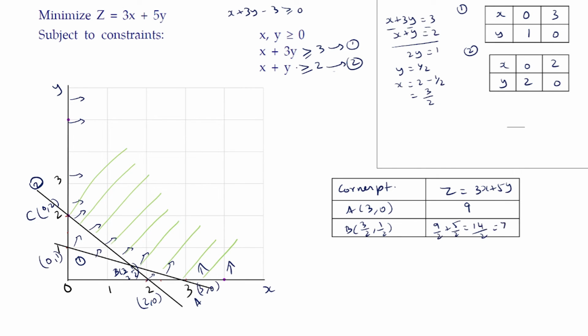This is 7. So at B (3/2, 1/2), the value of z is 7. And then we have C. At C (0, 2), the value of z is 10. So among these, the least value is 7. So the minimum value of z is 7. So this is minimum.